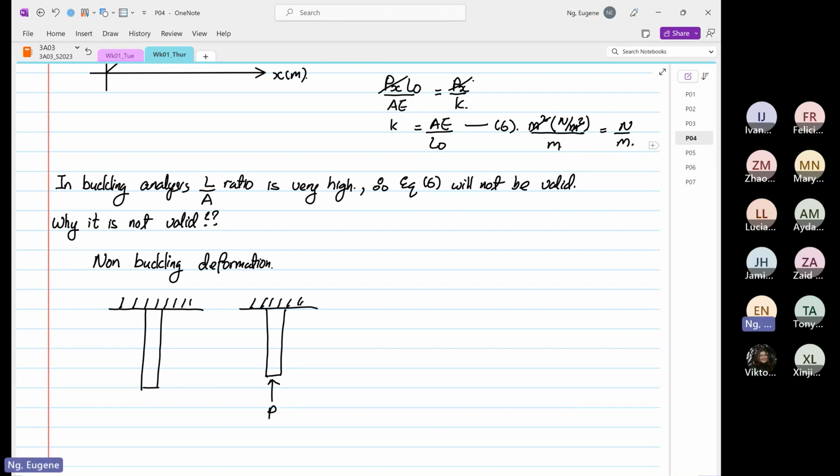The difference is our delta L over here.